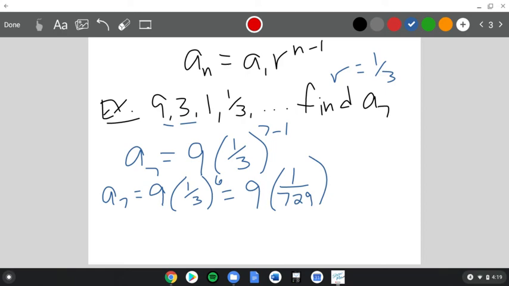And then when you multiply that, you can reduce 9 into 729. If your sequence starts out with fractions, you want to keep fractions, not decimals. So do your reducing, work with your fractions. And so then 1 over 81 would be the seventh term.